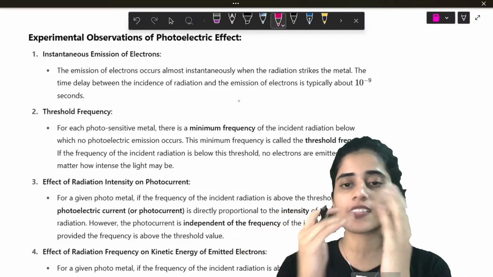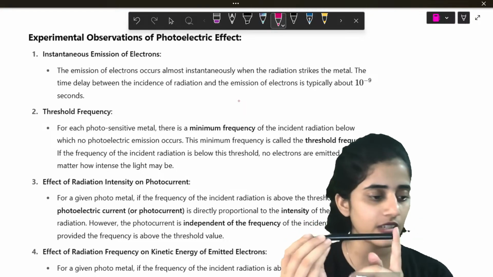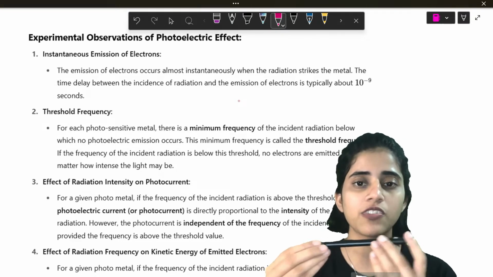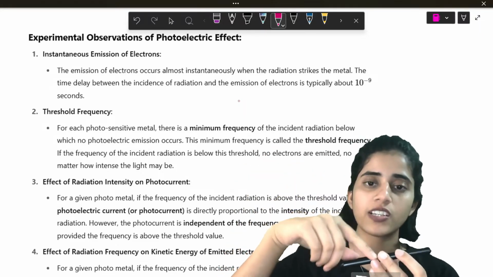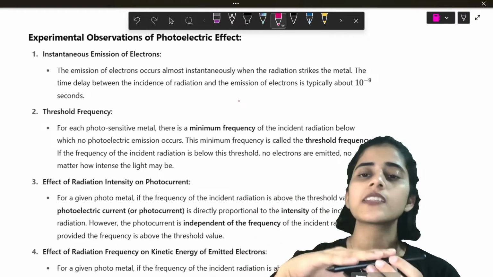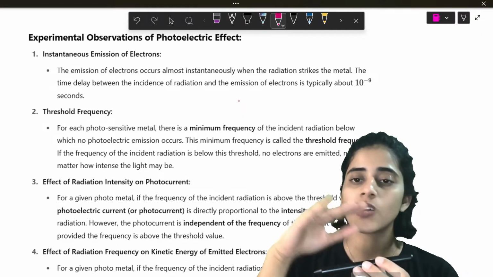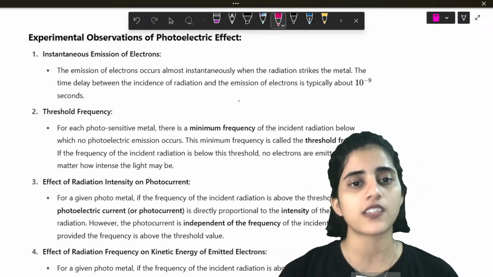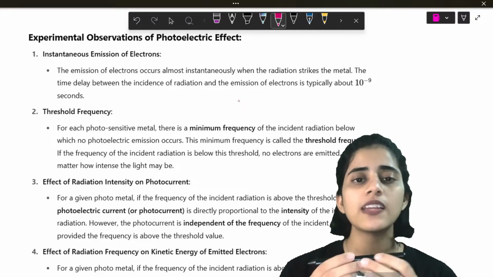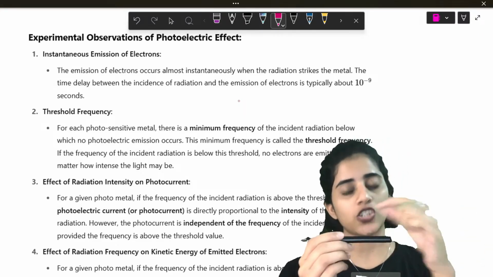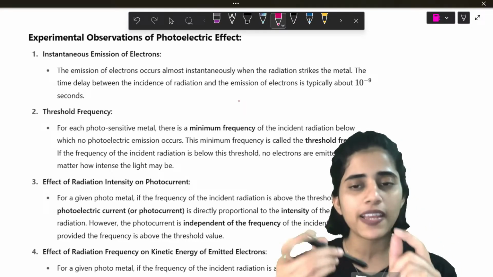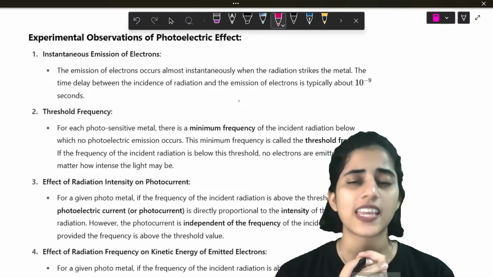Let's say there's a metal surface, and some high energy particle comes. As soon as it strikes the metal, an electron is ejected. The time delay between the incidence of radiation and the emission of the electron is typically 10 raised to minus 9 seconds.